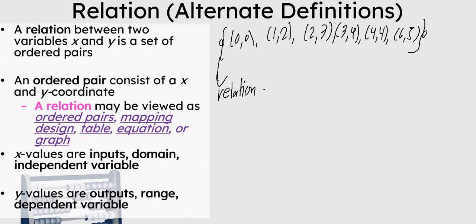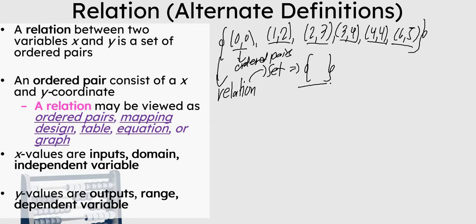If you recall, when we write a set, it is usually enclosed in open and closed braces. And we have here different ordered pairs, and they are a set of ordered pairs, therefore we form what we call a relation.